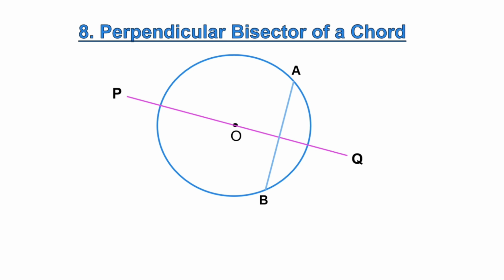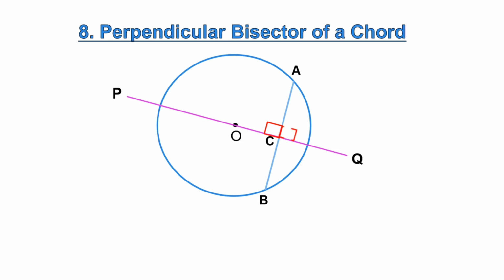Once it intersects, let's name the point of intersection C. At C, what angles are formed there? We have this right angle formed there. Then we can also get another here.